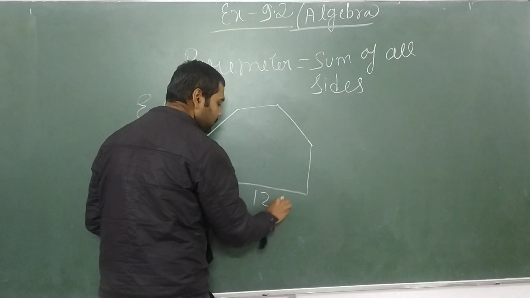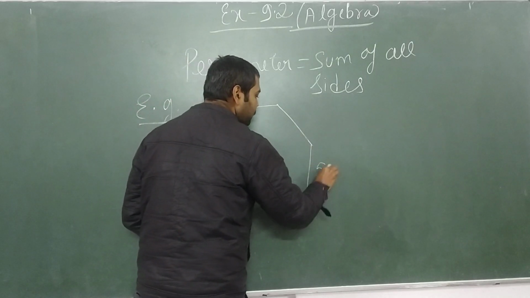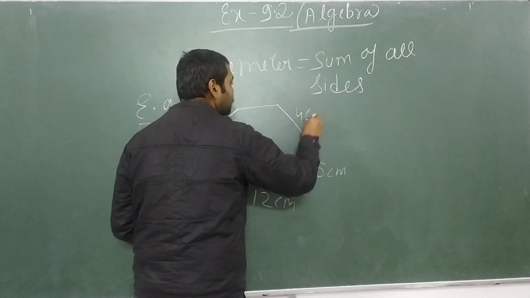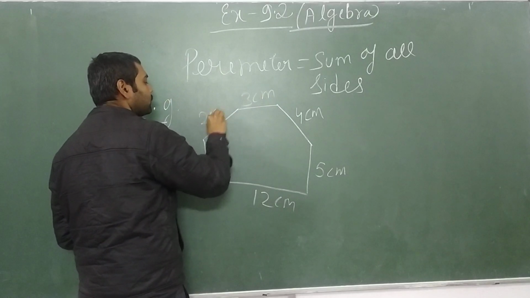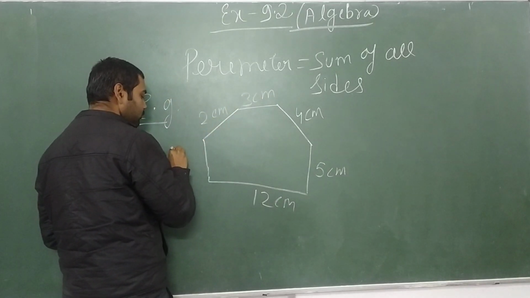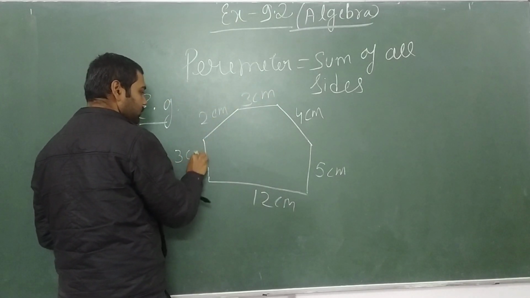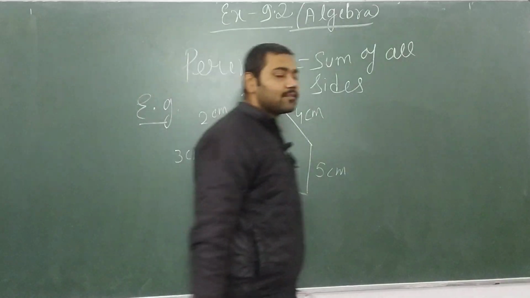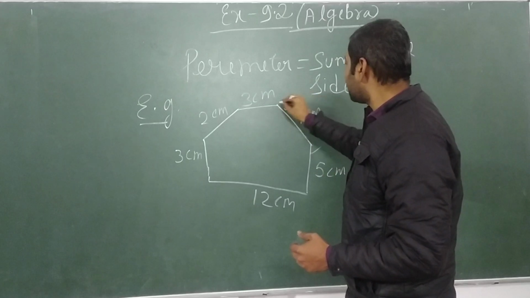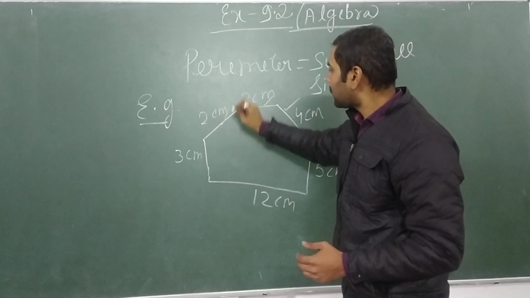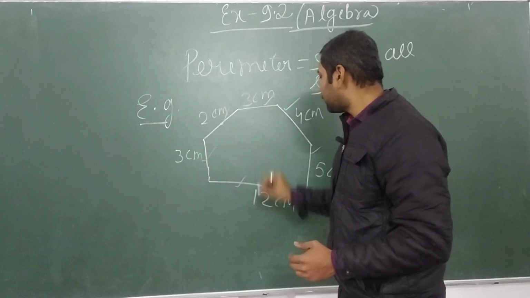This side is 12 centimeter, this is 5 centimeter, this is 4 centimeter, this is 3 centimeter, this is 2 centimeter, and this is also 3 centimeter. So this is a 6-sided figure: first side, second side, third side, fourth side, fifth side, and this is the 6th side.